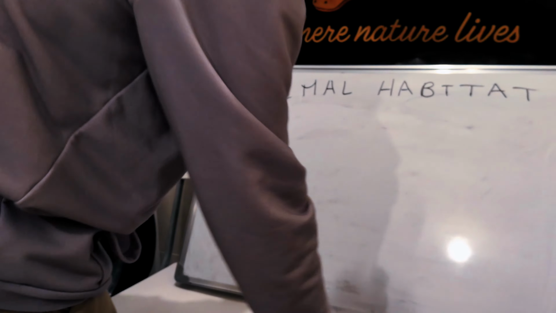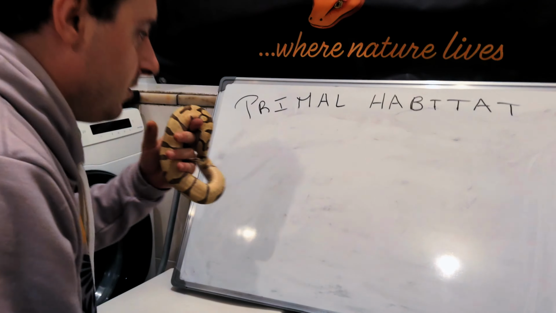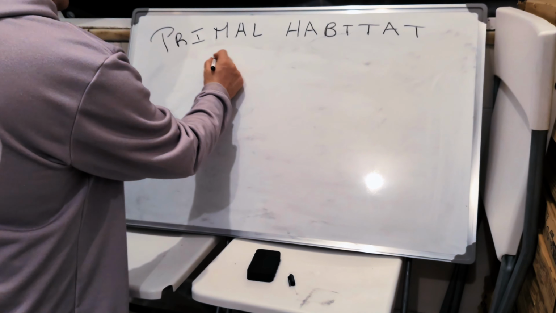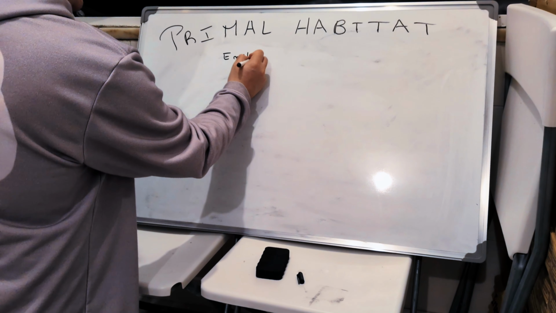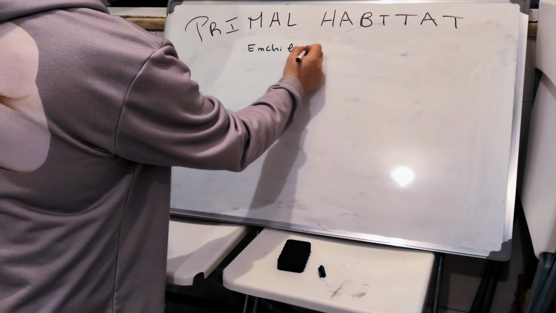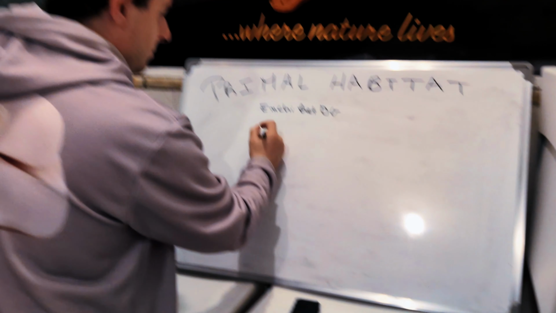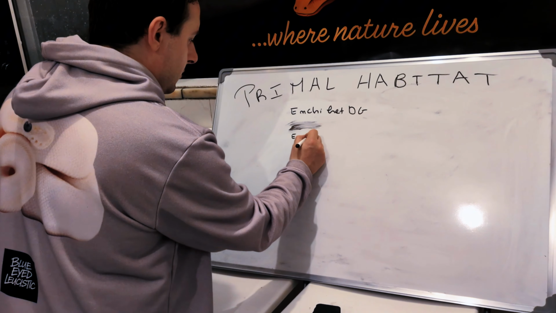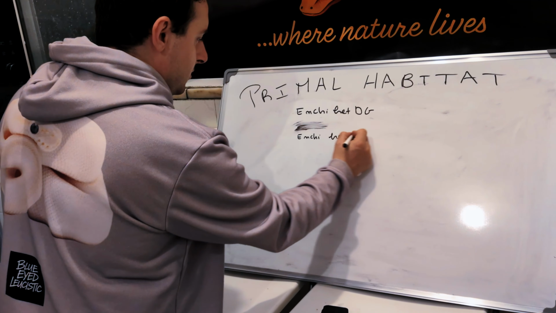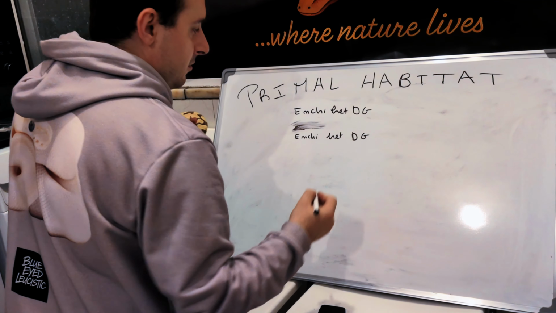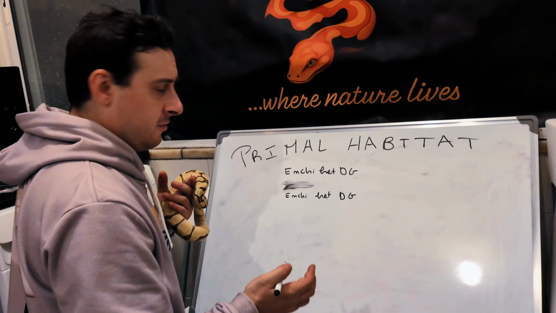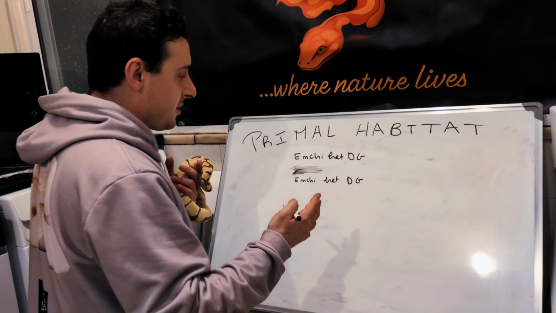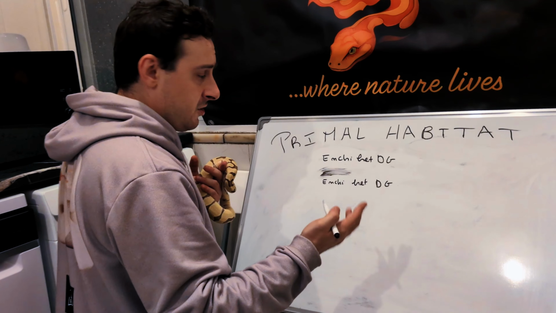So the cheapest way to do this pretty boy would be to have an Enchi het desert ghost and another Enchi het desert ghost. I think this would be the cheapest way because visual recessive genes are more expensive, and in this case we would have a recessive gene but not visual.